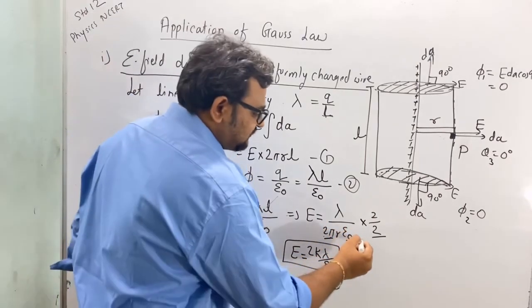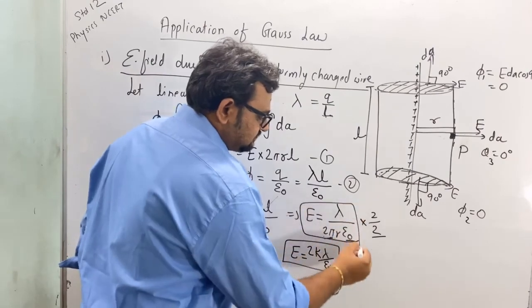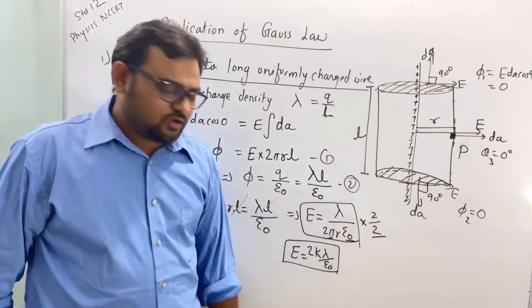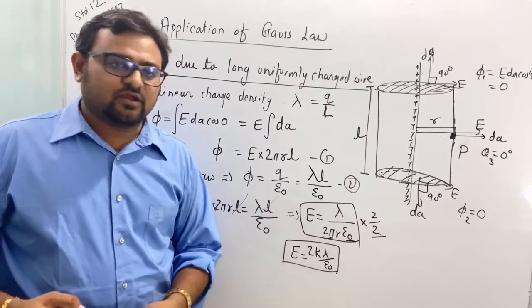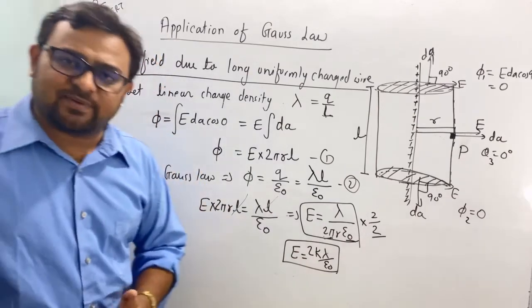You can also use this formula, lambda by 2 pi r epsilon 0. You can use any one of them. So this was about the first application.